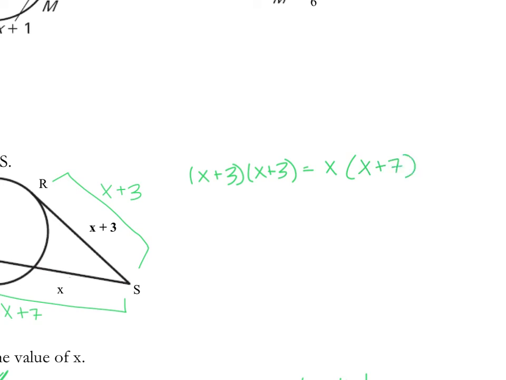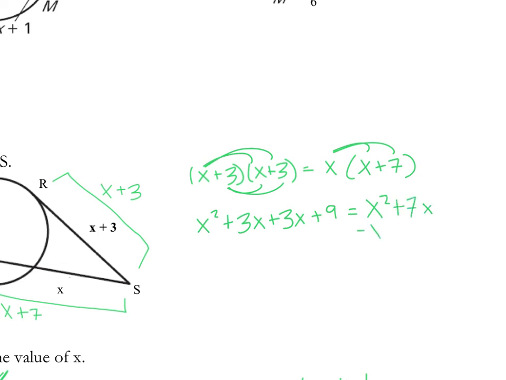Now you are going to distribute the x over here, and then here you're going to double distribute. You're going to FOIL it just like how you did in algebra. So it would be x squared plus 3x plus 3x plus 9 equals x squared plus 7x.